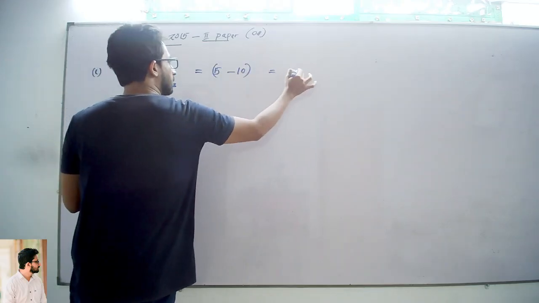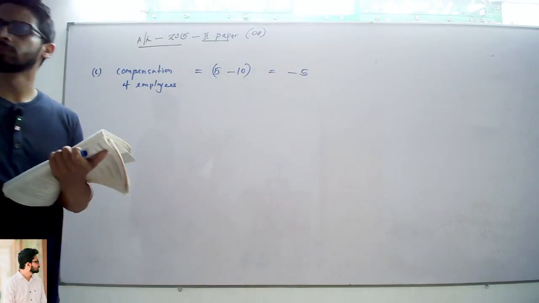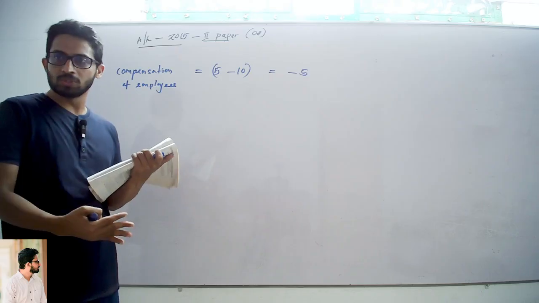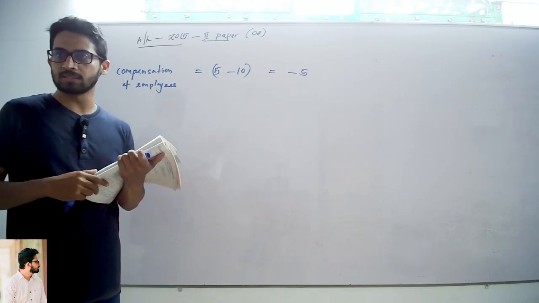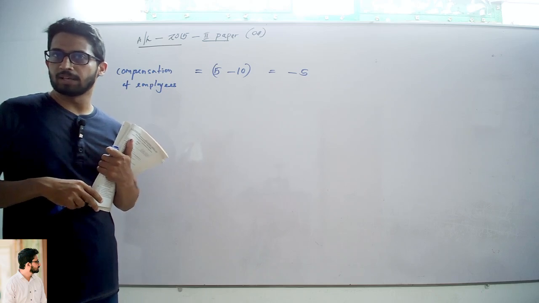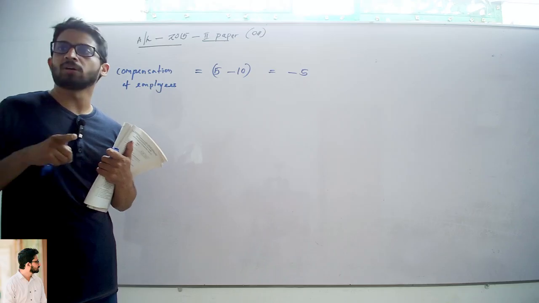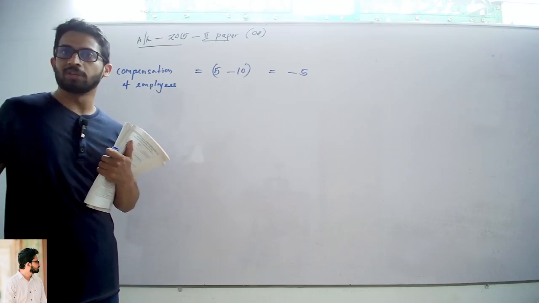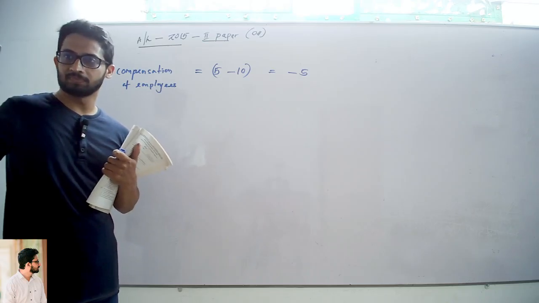Then net value should be minus 5. Do this question, use this method, write everything and get the answer, because you can learn something. Then finally the theory point will go into the bottom of your heart. You'll remember this forever.